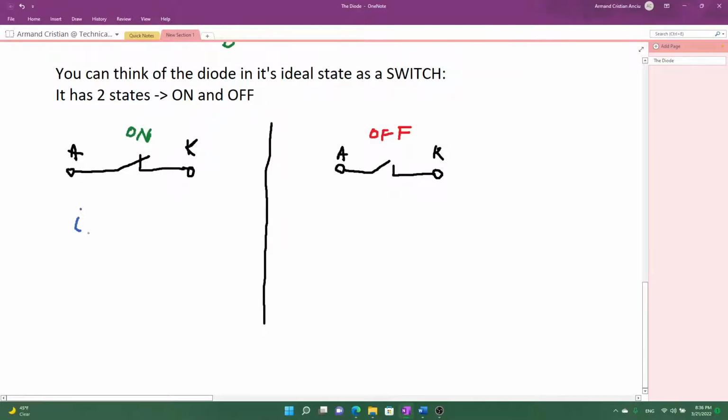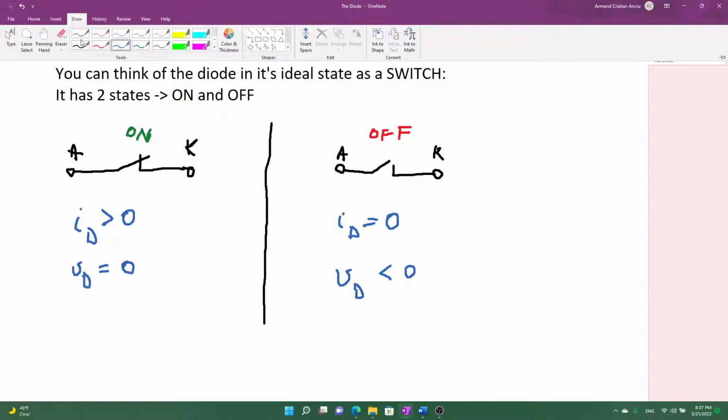So the current across the diode is greater than 0, and the voltage, because we are considering the diode in its on state, should be equal to 0 in the case of the ideal diode. And when the diode is in its off state, we have no current going through the diode, and the voltage across it is less than 0.